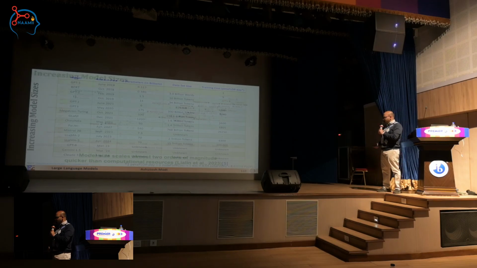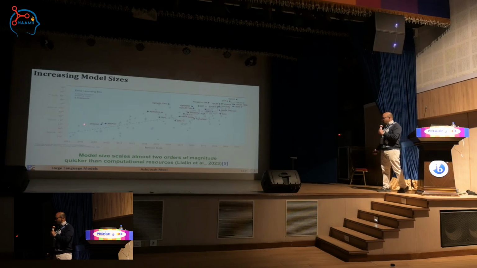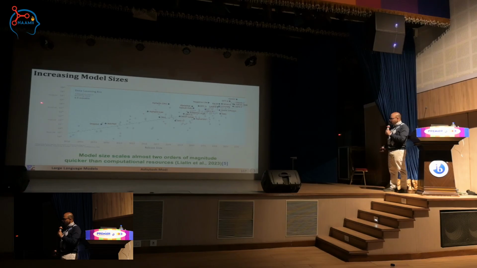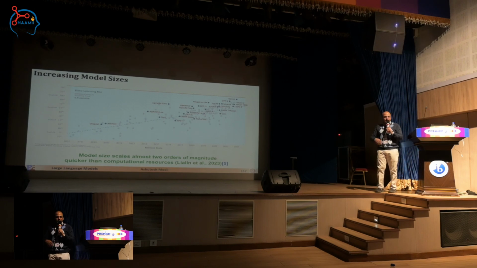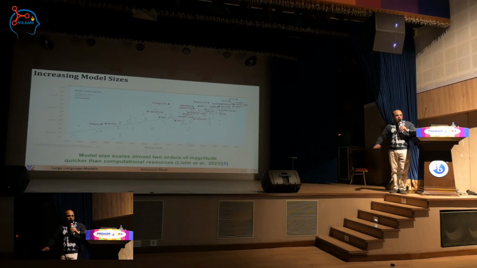And in fact, as you can see, this is the number of flops being used by the model, almost growing linearly. There's a study which says that model size scales almost 2 orders of magnitude quicker than the computational resources. Back in the days we had Moore's law, which says the compute doubles, and that does not help at all.